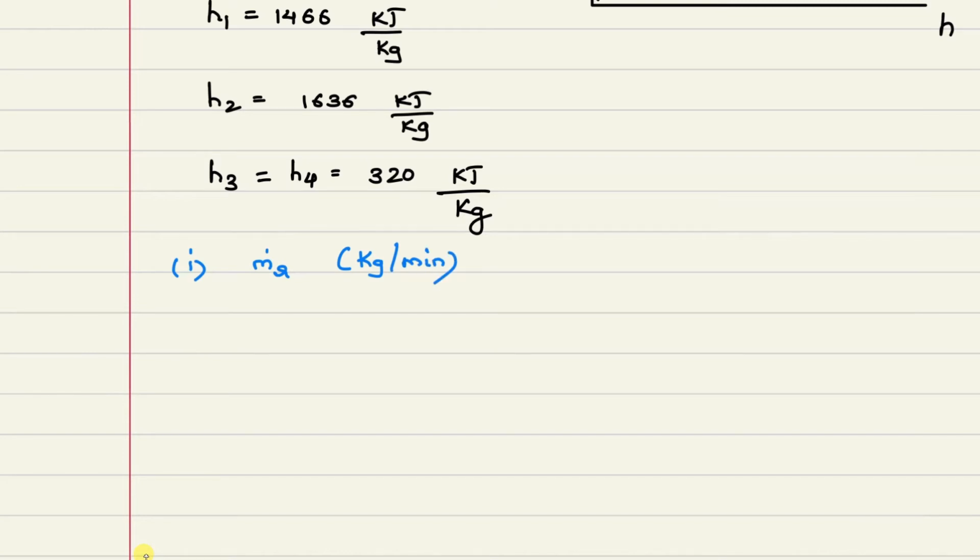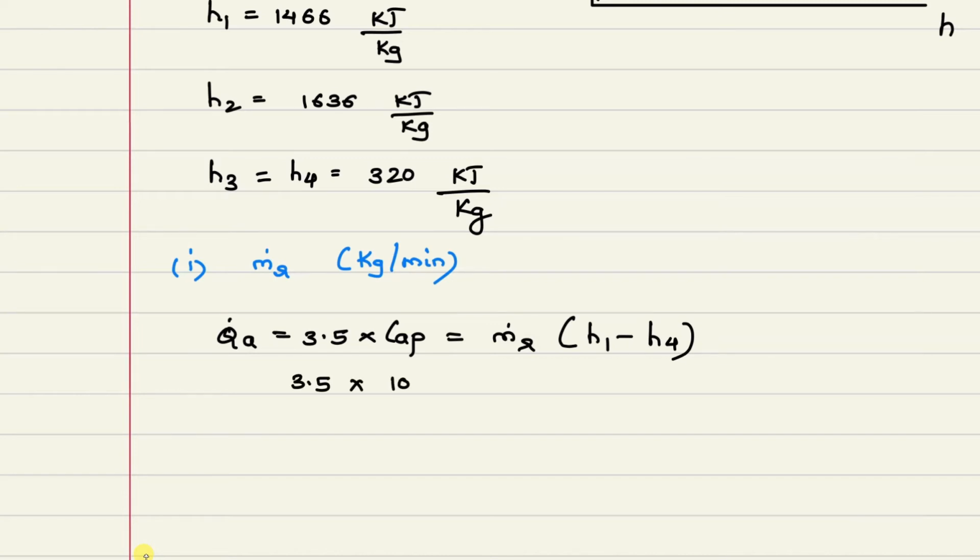So we will use Q dot A equal to 3.5 into capacity is equal to mass flow rate of refrigerant into H1 minus H4. Okay, so 3.5 into capacity is given as 10 equal to m dot r into H1 is 1466 minus H4 320.